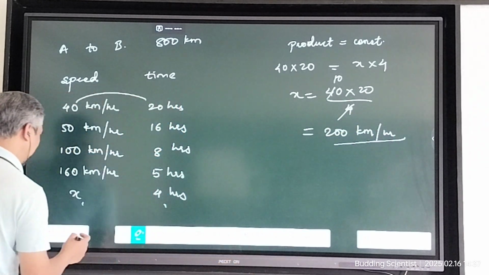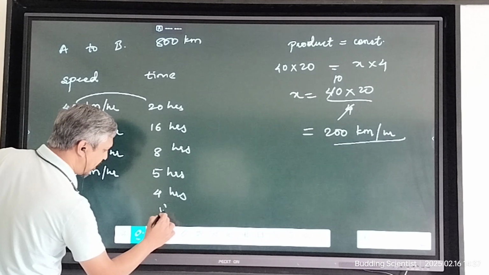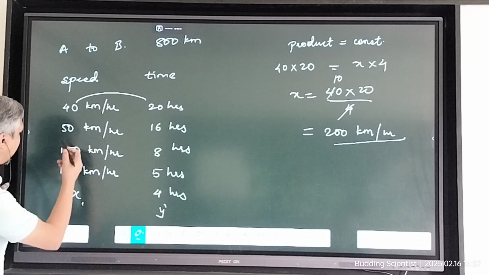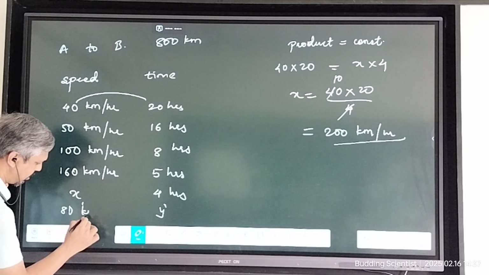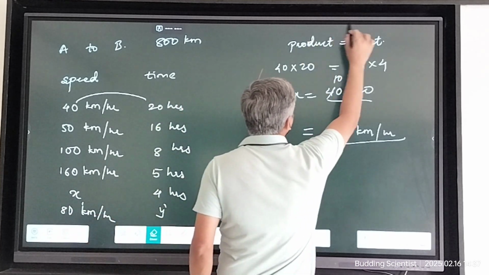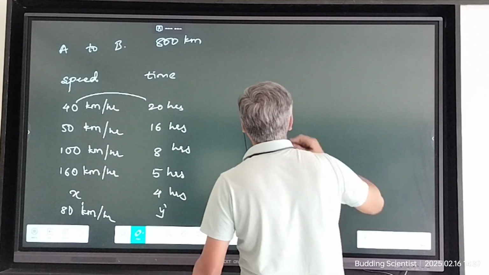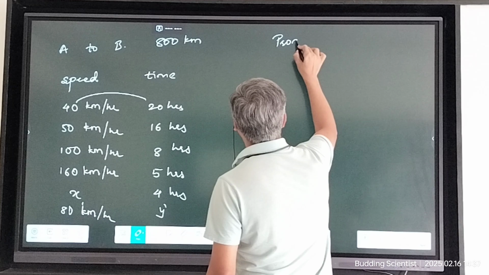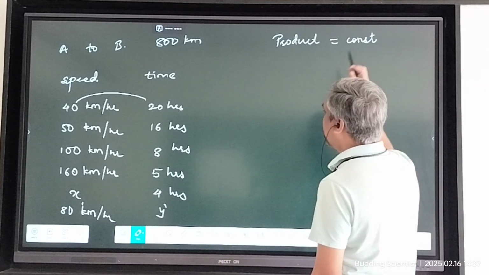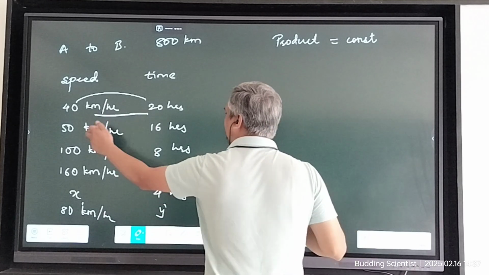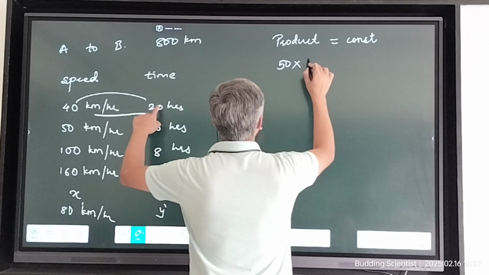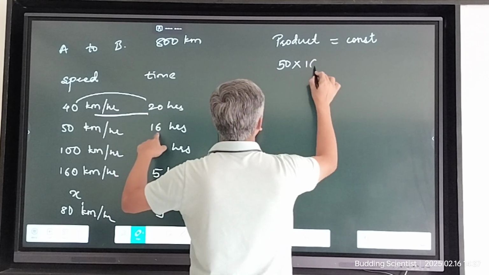The second problem can be, what will be the time required if the speed is 80 km per hour. So we can solve it this way. Again, in an inverse proportion, the product is equal to constant. So I'll write 40 into 20 or 50 into 16, whatever you want to write. I'll take the second case.